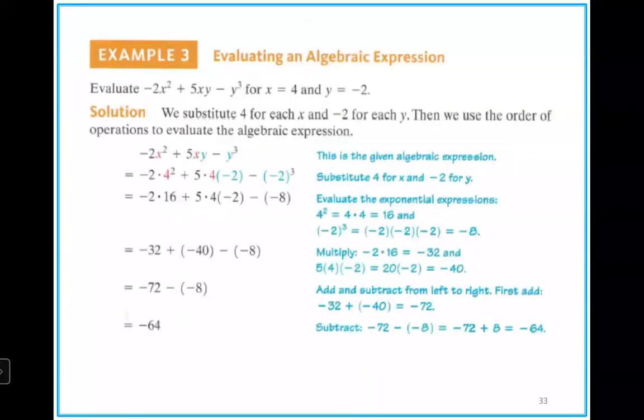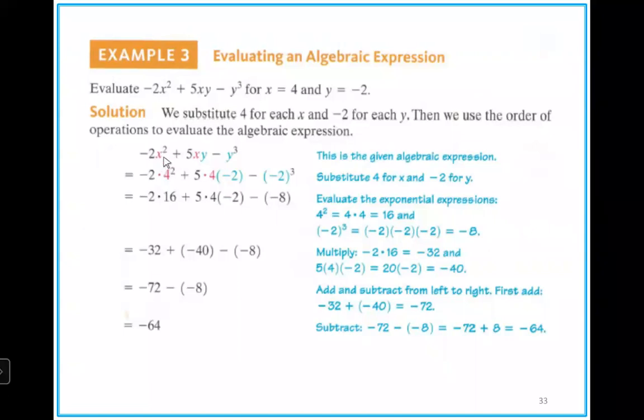Okay, now this next example, we have more than one variable, but the principle is the same. You're asked to evaluate -2x² plus 5xy minus y to the third. So you have two variables. You have x, which is 4, and y, which is -2. So you're going to follow the same principle with substituting the values that are given.